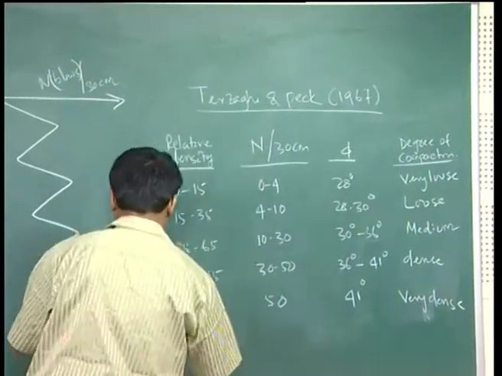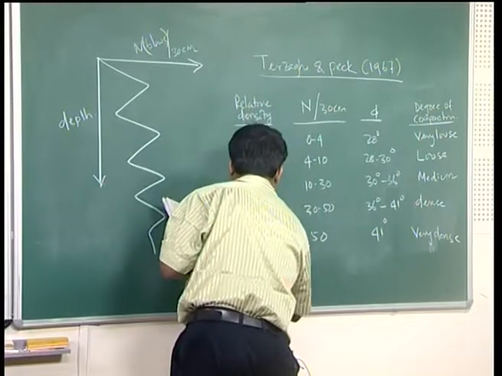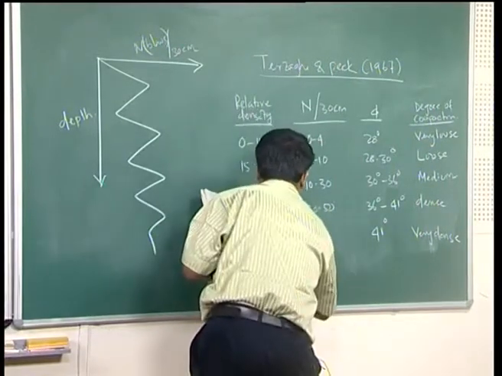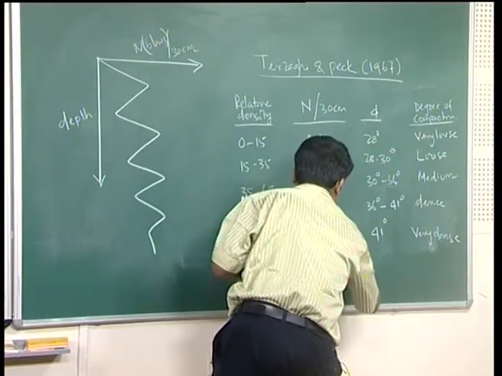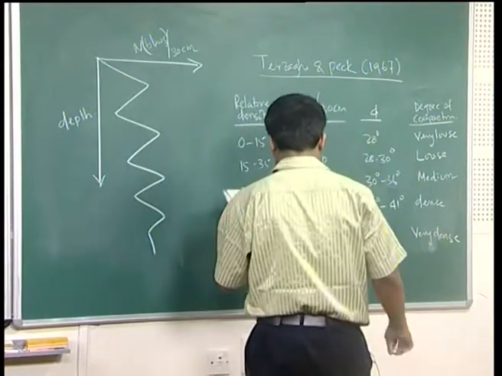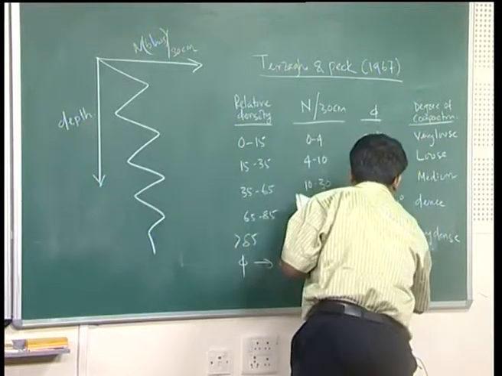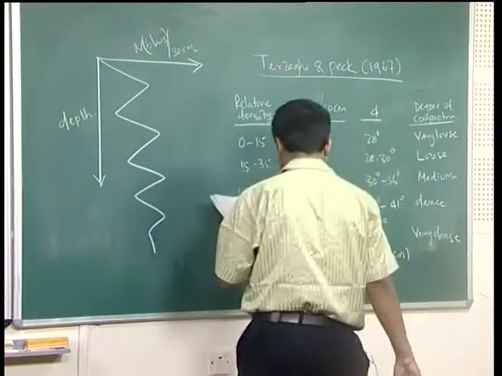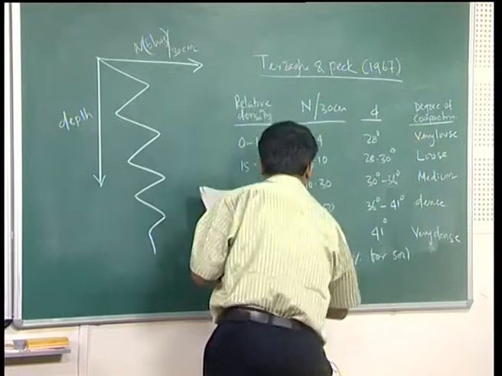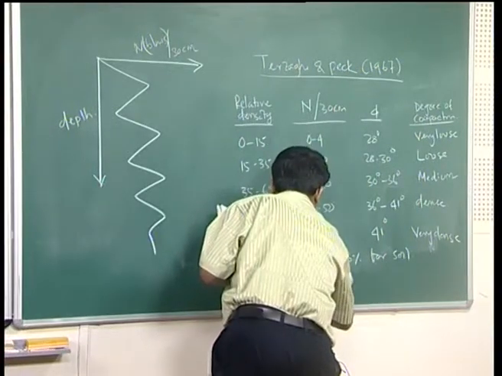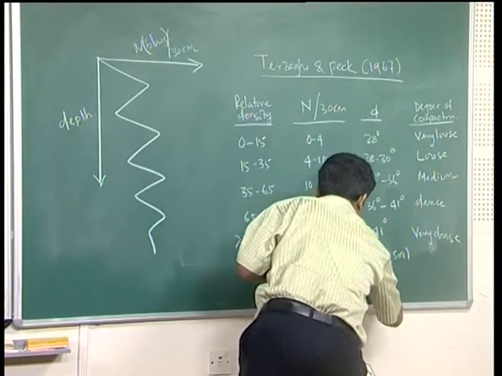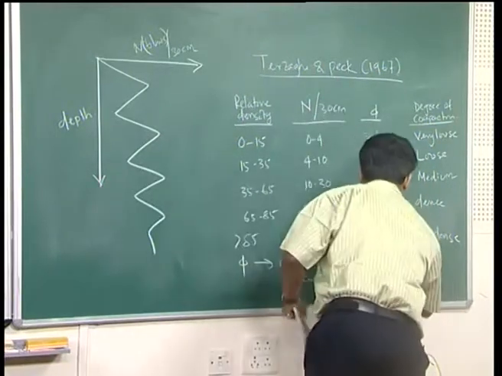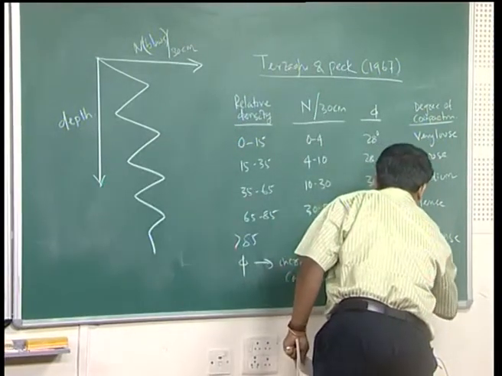So phi is increased by 5% for soil containing less than 5% silt.